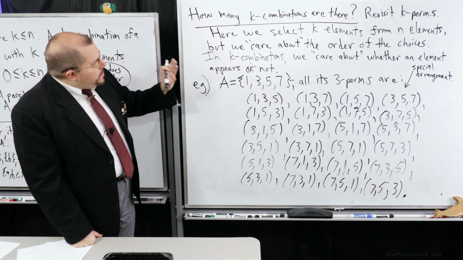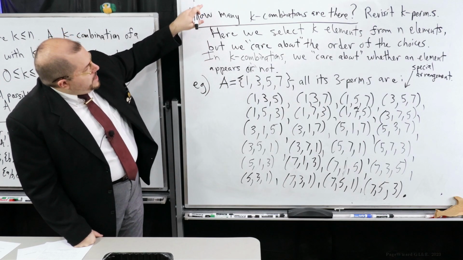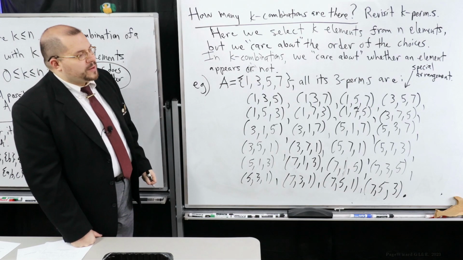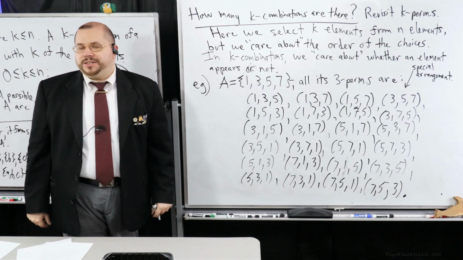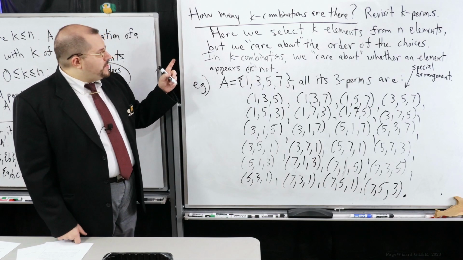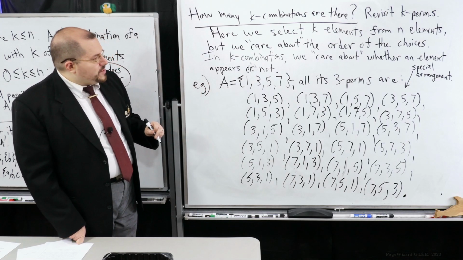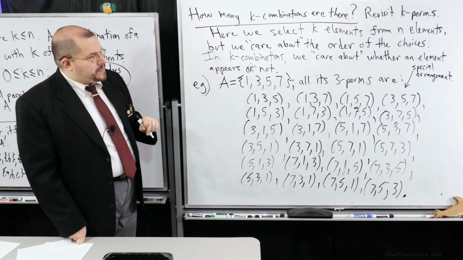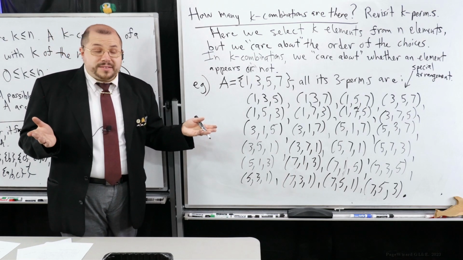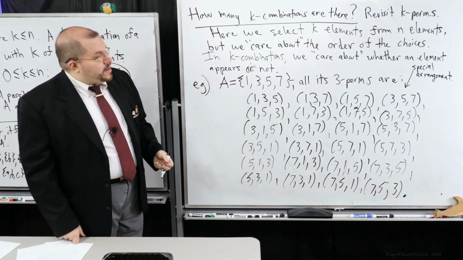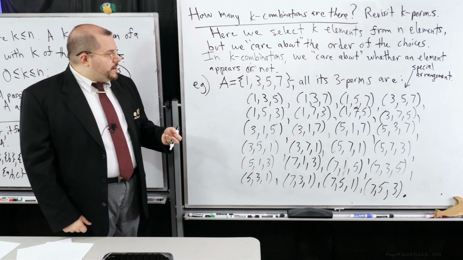So if I wanted the answer to how many k combinations there are, particularly, what are the 3 combinations of this set? Well, I pick 3 elements from this set. Remember, I don't care about what order they're in.